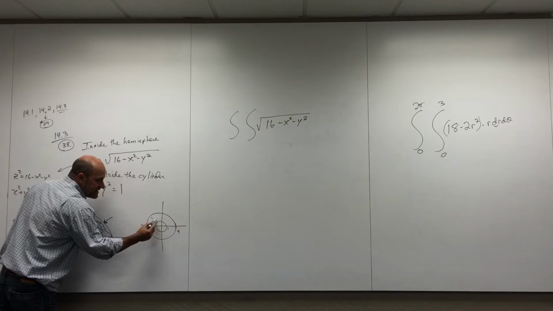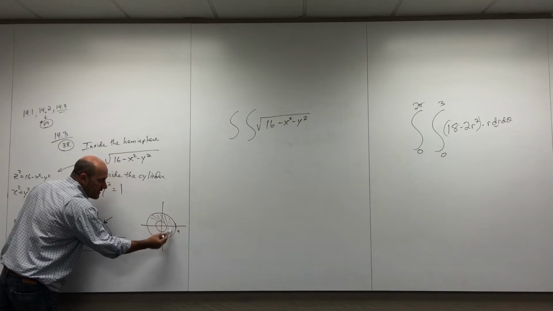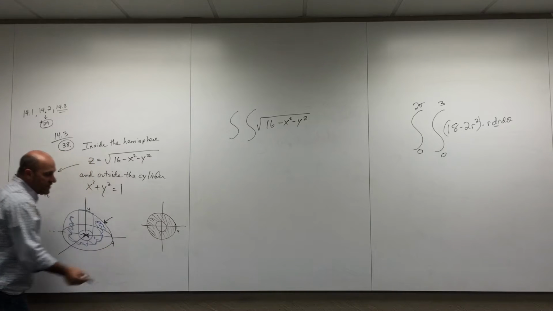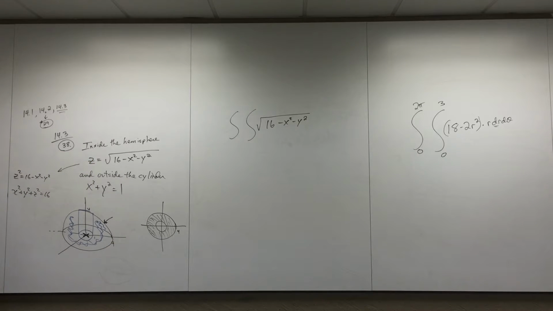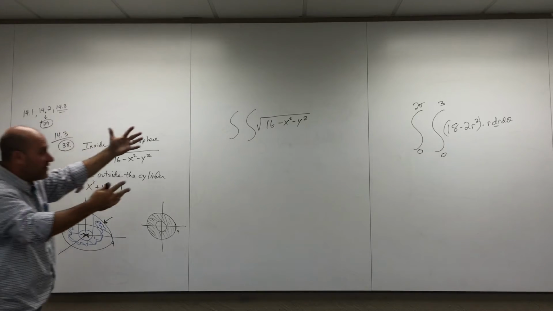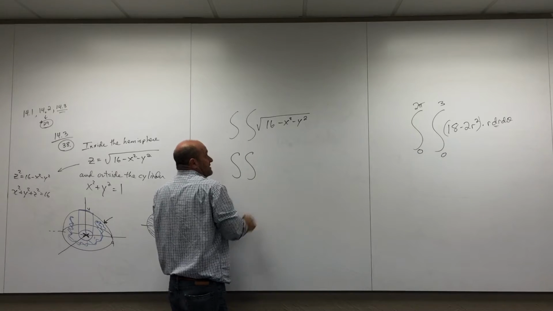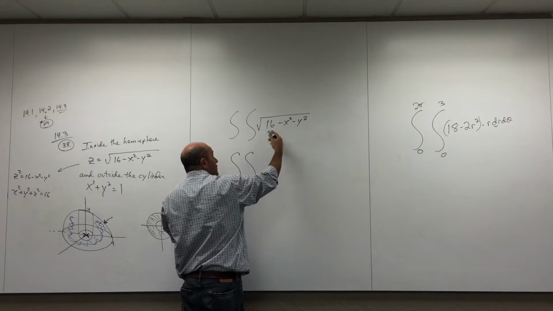So the region is this. You're with me on that, right? That's the region over which I'm integrating. And it's very circular, so I should switch to polar. I started to set this up, and I'm going to abandon it and switch to polar. It doesn't take too much. What does this turn into when you switch to polar?